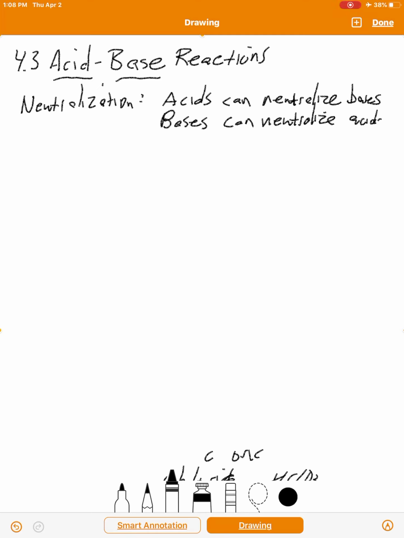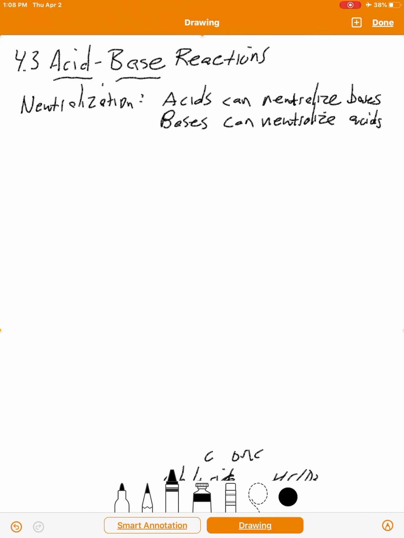The terminology there is essentially that you're neutralizing the activity of a substance. So an acid produces an acidic solution. A base can reduce the amount of acidity, so it neutralizes some of that acidity, and vice versa.